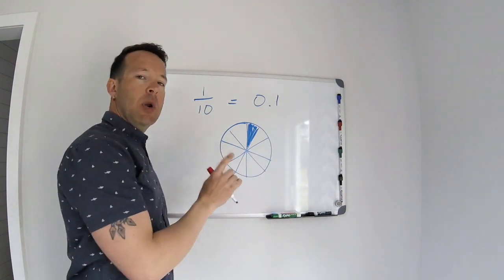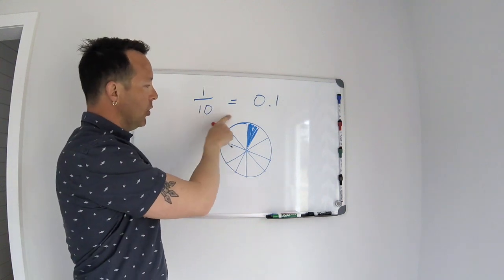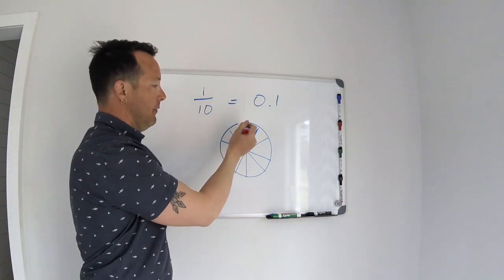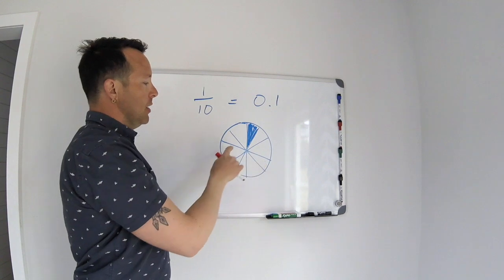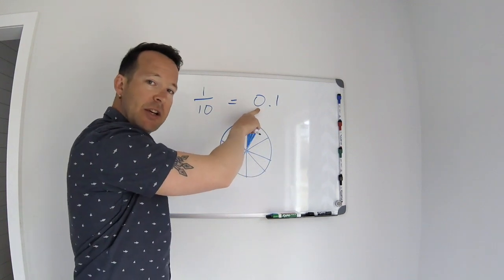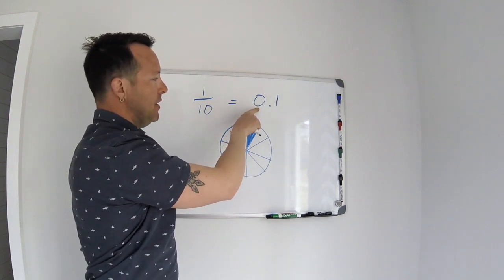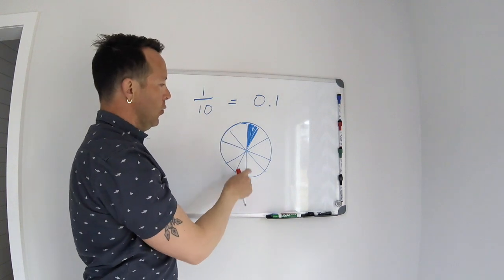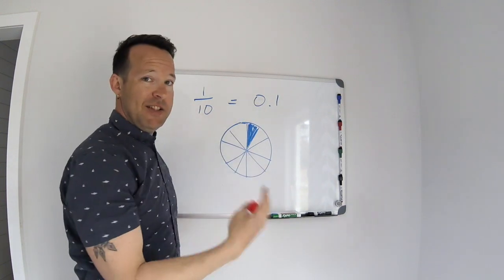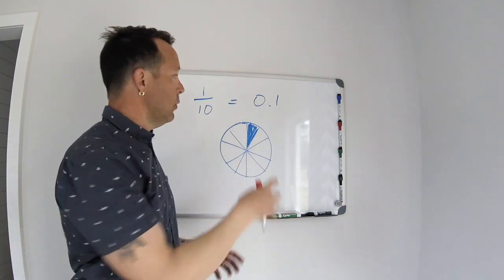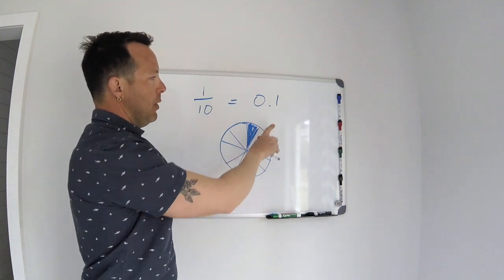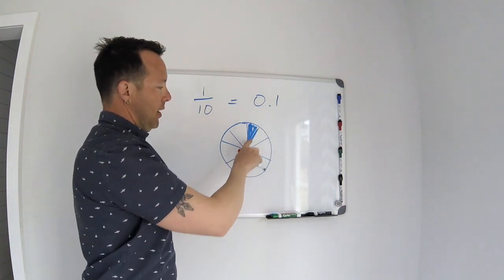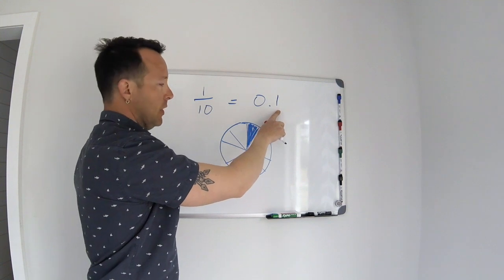But we don't have 1, we only have a portion of 1. We only have 1 of the 10 pieces. So that's why the 0 is written. The 0 tells us that we don't have 1, we have 0 whole pies, right? We have 0 whole pies, but we have one piece of a pie, 0.1.